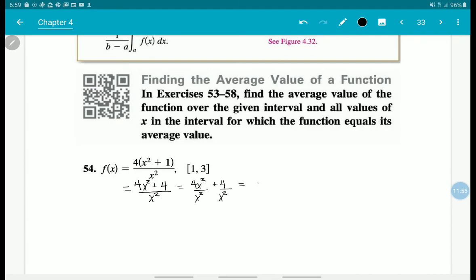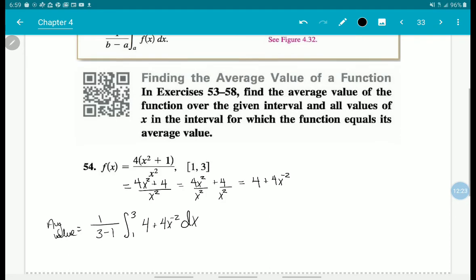And then we can rewrite that, if we simplify it, as 4 plus 4x to the negative 2. So then our average value, we're going to look at 1 over b minus a times the integral from a to b of our f of x dx. So we're just substituting everything in there.